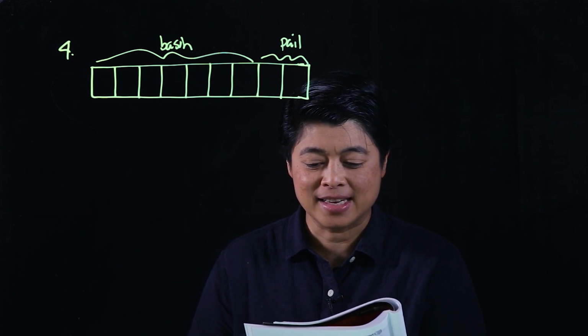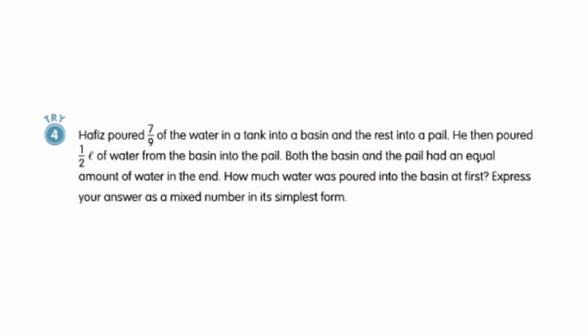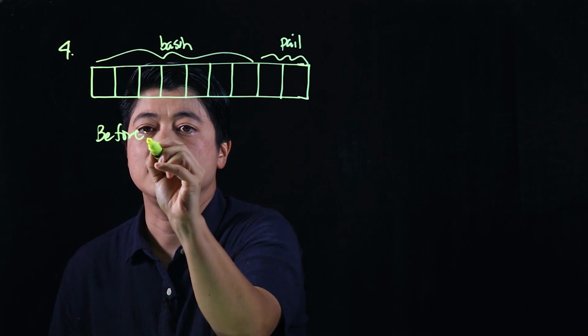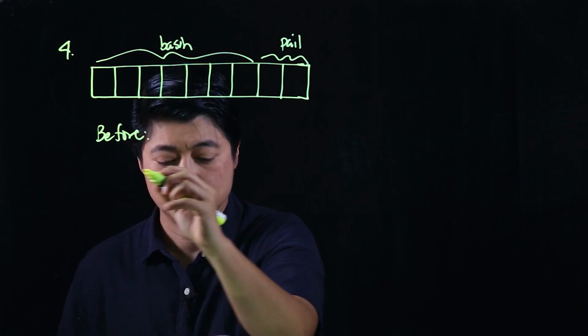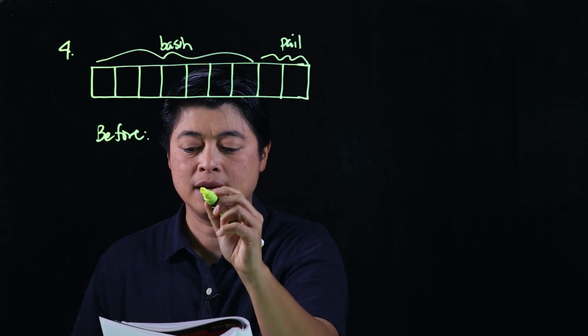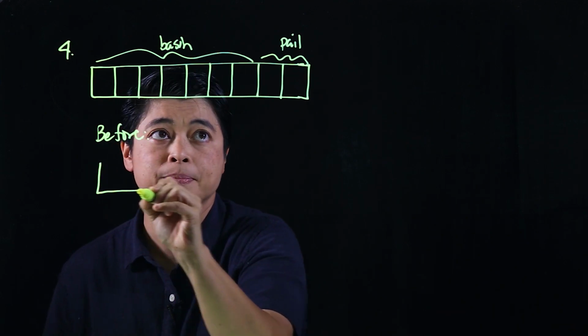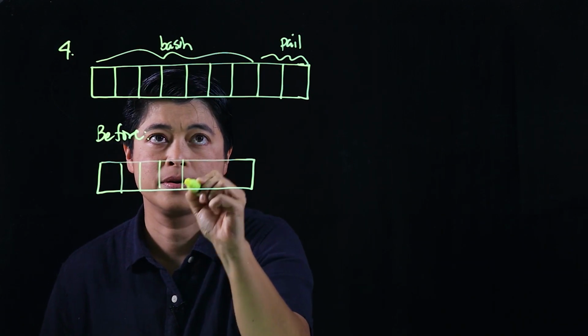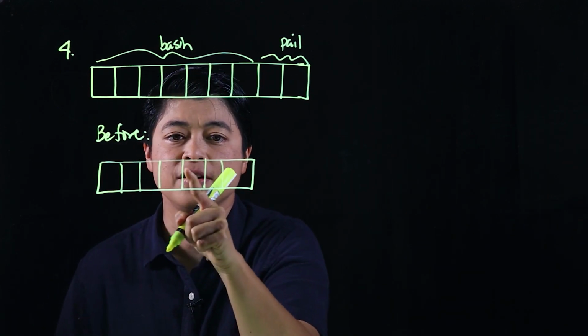Okay, so then it says, he then poured 1/2 liter of water from the basin into the pail. Both the basin and the pail had equal amounts of water in the end. Okay, so this means before, looking at this, there's 2 down below and 7 up above. 1, 2, 3, 4, 5, 6, 7.